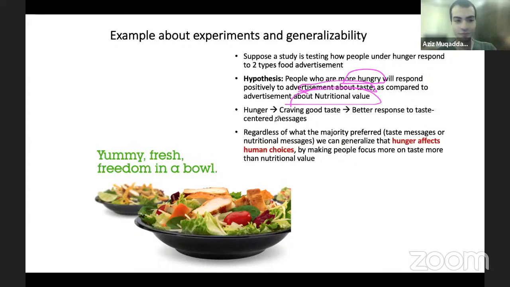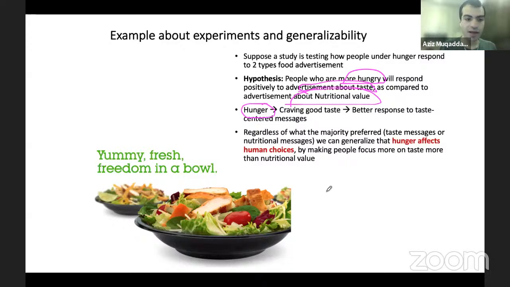Those parts of your brain will be more active than thoughts about how this would be beneficial to me, or how this meal is going to be healthy. So a message that centers the taste of the meal would be more appealing to you if you're hungry, okay? Right here, this is the independent variable, as you can see.